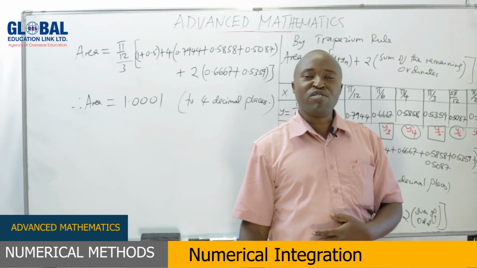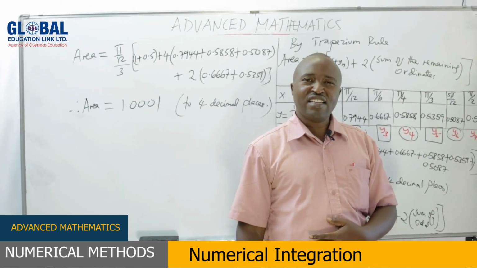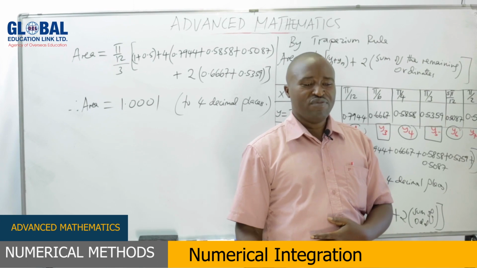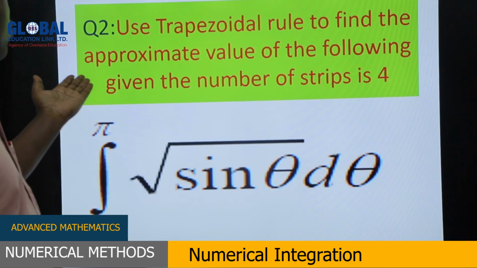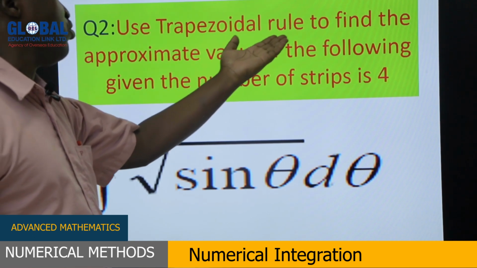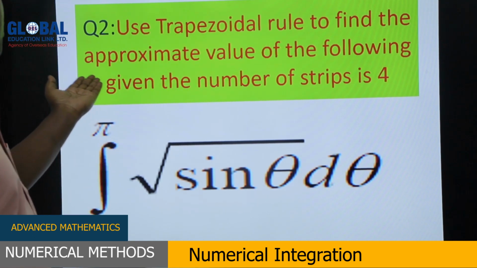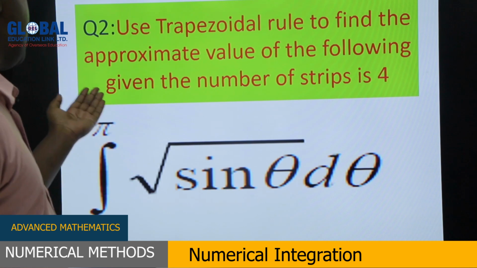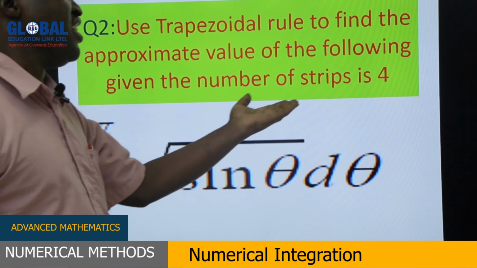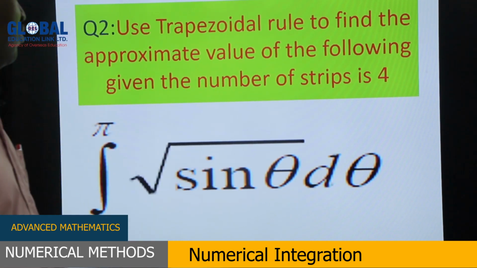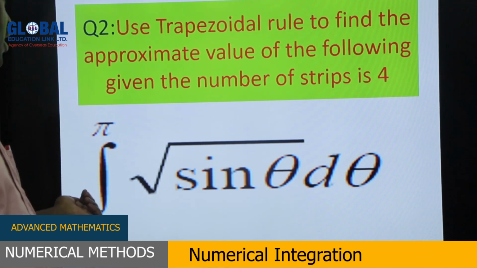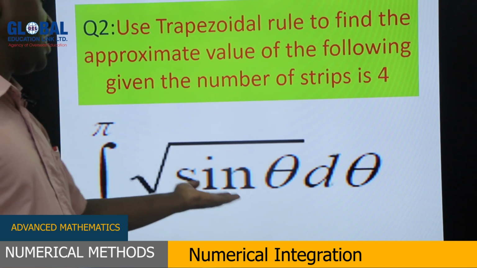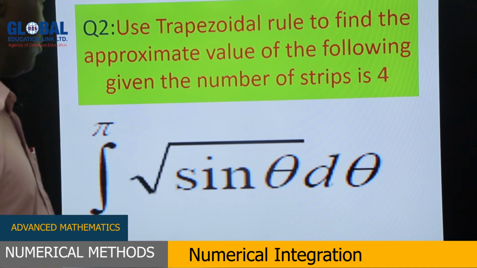So again, my dear student, we have the second assignment question for you. Use trapezoidal rule to find the approximate value of the following, given the number of strips is 4, with the integral from 0 to pi of square root of sine theta d theta.